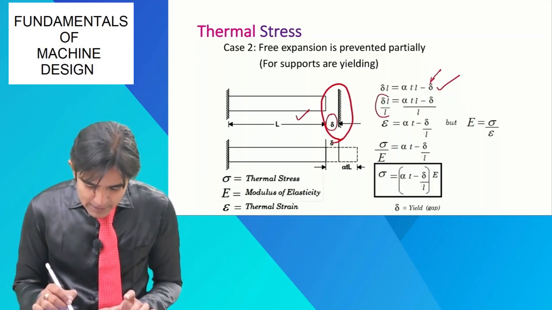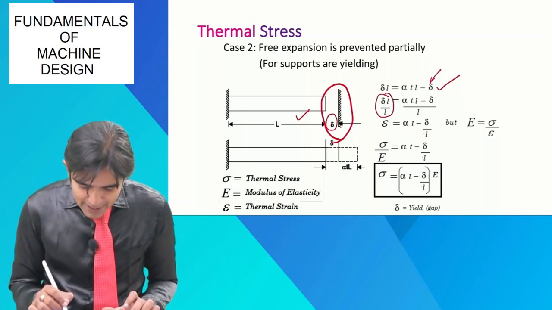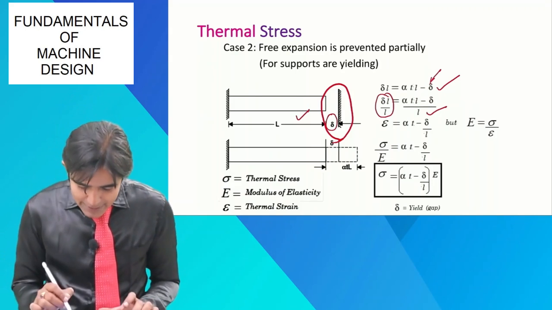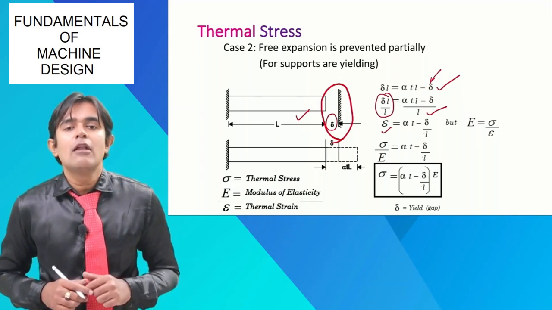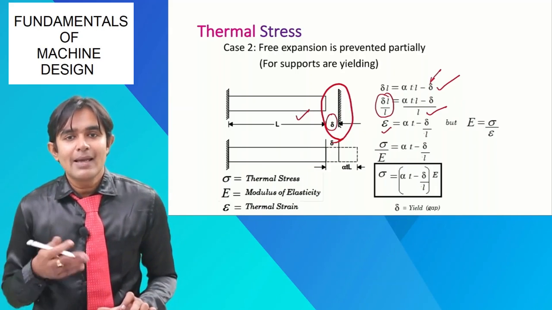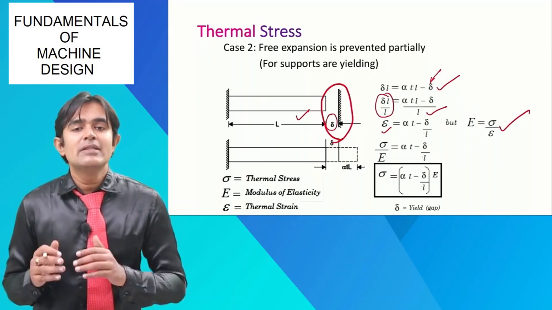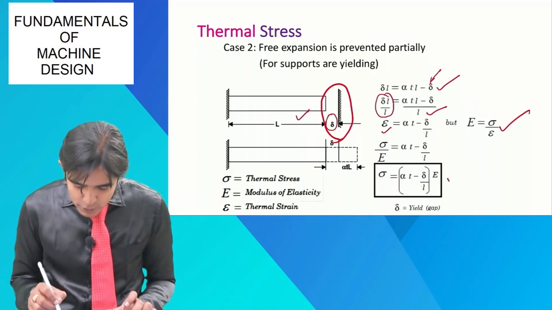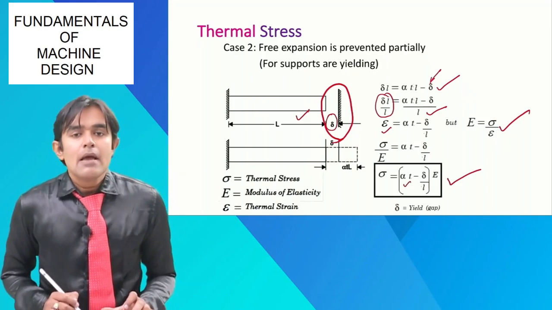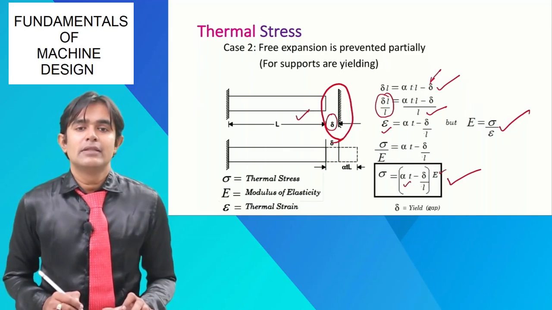So linear strain is delta L upon L, and if I divide by L over here, by simplification I'll get epsilon is alpha T minus delta divided by L. Again putting that value into the formula of modulus of elasticity and doing the simplification, I'll get the value of thermal stress, which is alpha T minus delta divided by L, into modulus of elasticity.